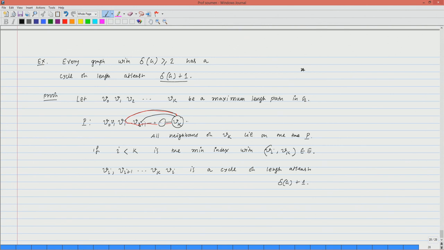If all the neighbors are consecutive, you will get a cycle of length exactly delta G plus 1, because delta G is the minimum number of neighbors that the vertex Vk has. So, this is a cycle of length delta G plus 1. So, we have proved that every graph with minimum degree delta G has a cycle of length at least delta G plus 1.